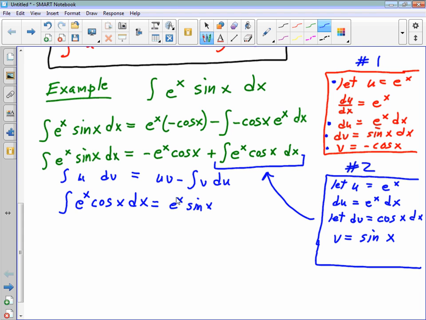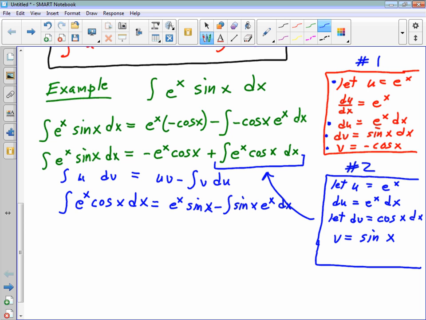E to the x times sine x, that's my u and my v, minus the integral of v, which was sine x, times du, which is e to the x dx.